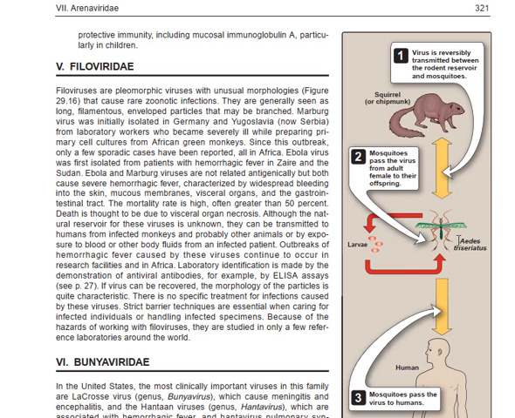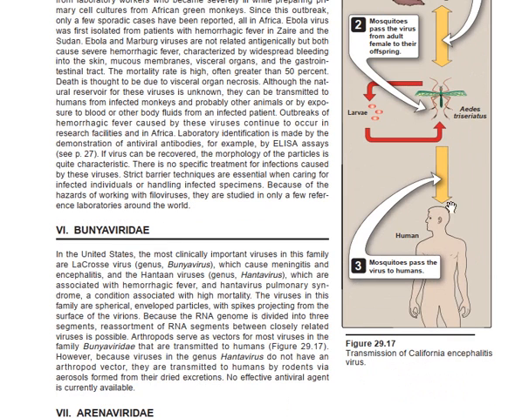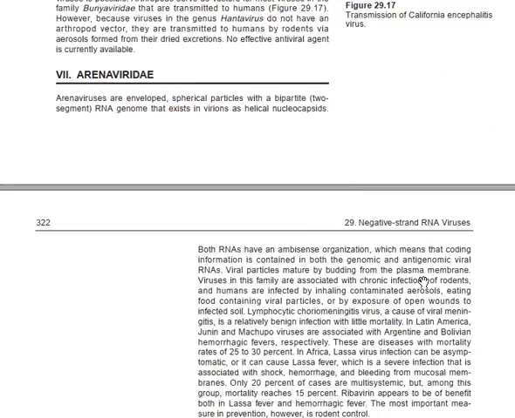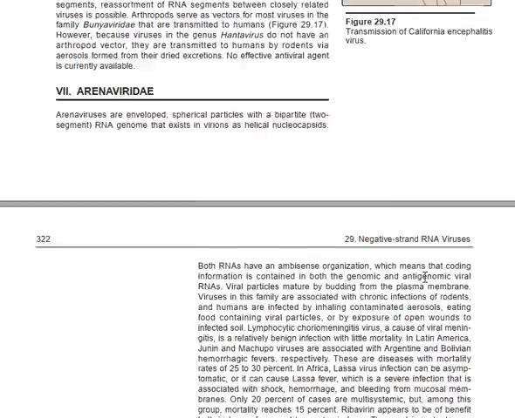So the mosquito can pass it to the rodent, and even to their offspring, to their larva. And when the mosquito passes the virus to a human by biting them, that's when you are going to have California Encephalitis virus.